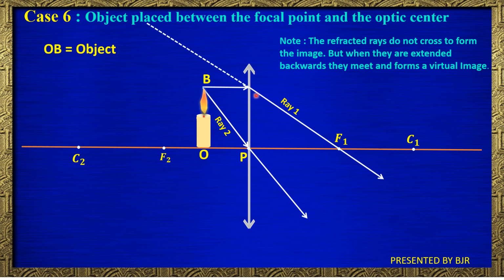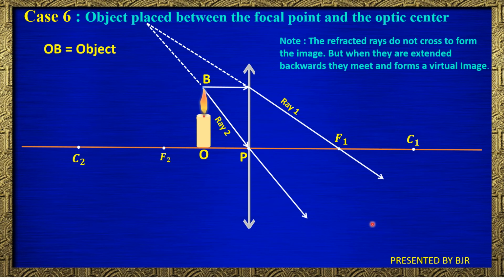I am extending this ray backwards and I also extend this ray backwards. If you intercept these rays, they appear to be coming from this point here. These two rays appear to diverge from this point. That means the image of the point B is formed here.